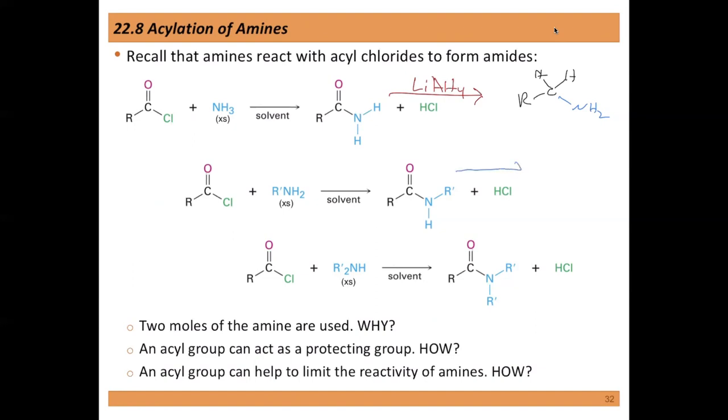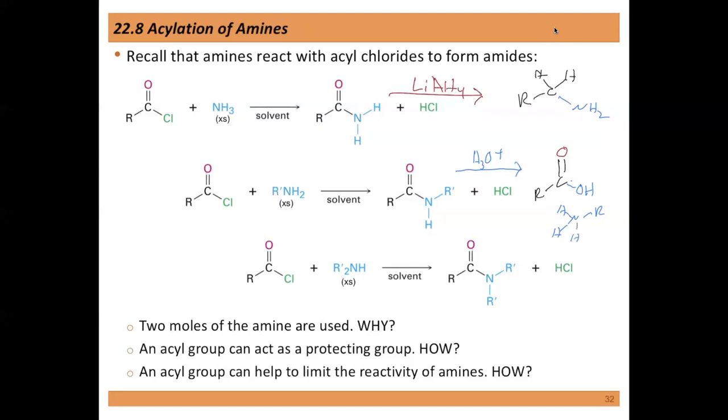If we took an amide in the presence of acid, we could hydrolyze that back to the carboxylic acid, which is what we talked about in the carboxylic acid chapter. But in this one, we could look at it in a different way and say that we actually want to deprotect our amine.